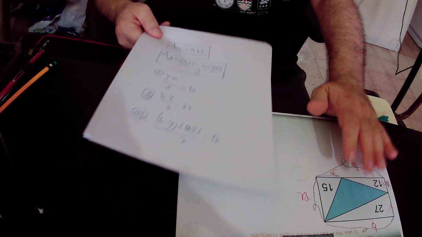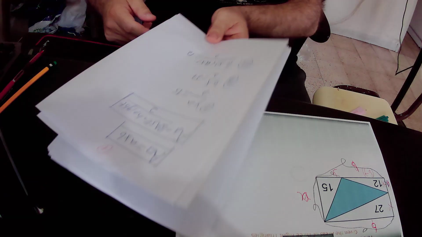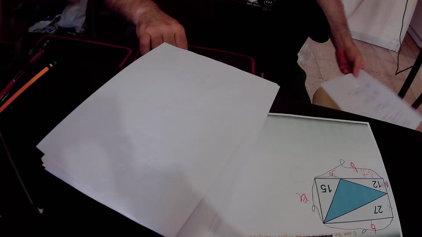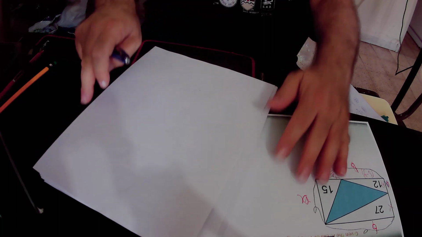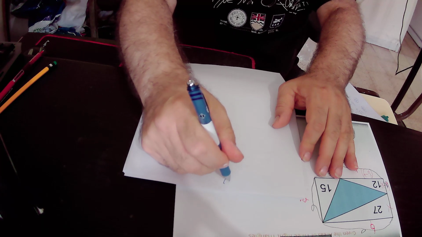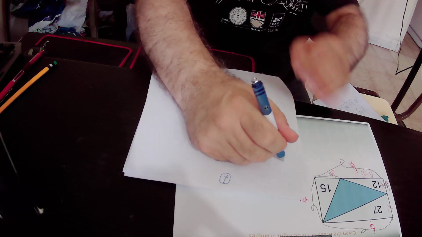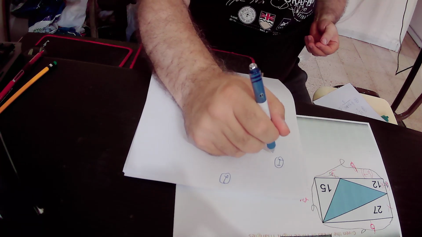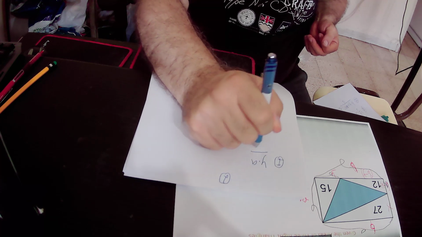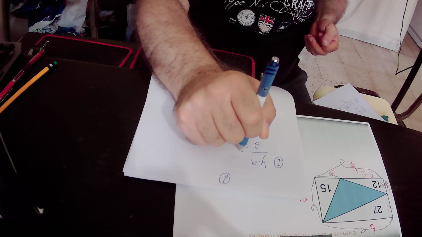So we will start with y. The first equation is y times a divided by 2 equals 15.